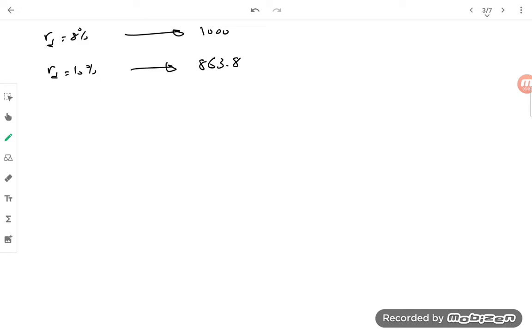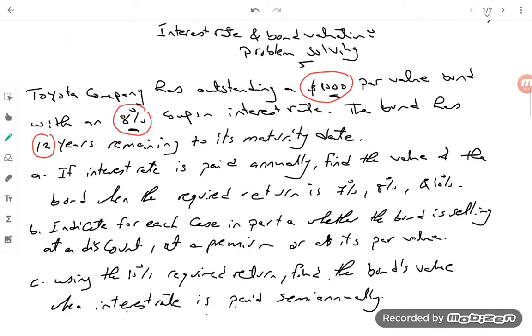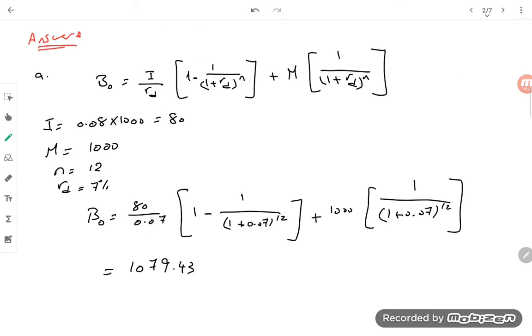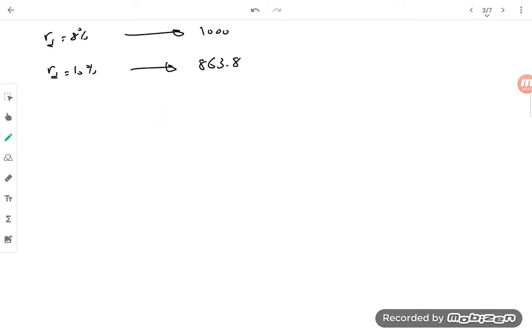Requirement number B is to identify whether the bond is selling at a discount, at a premium, or at a par value. So in case number 1, when RD equals 7%, it's sold for 1,079, which is greater than 1,000, so it's sold at a premium.